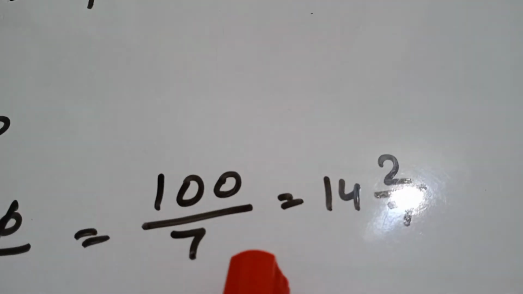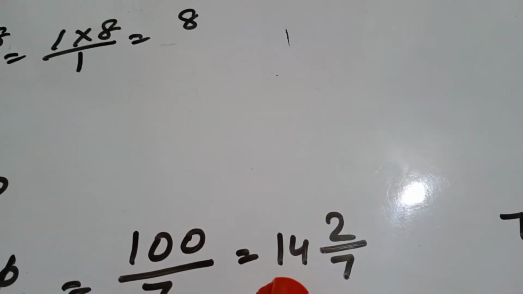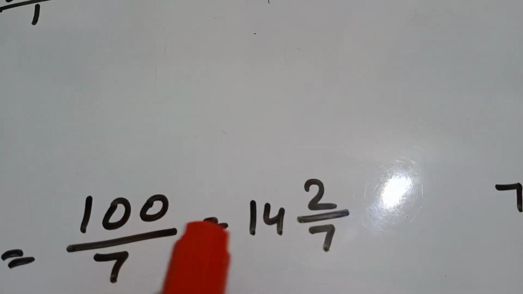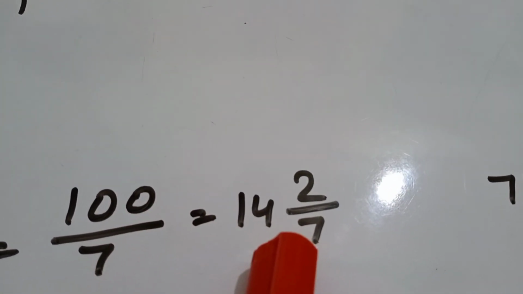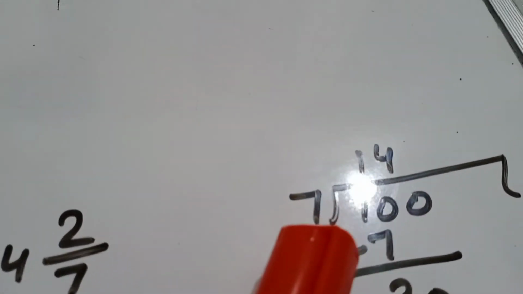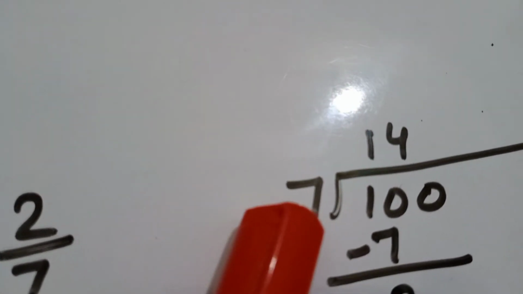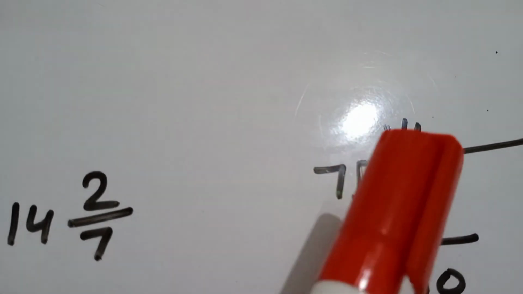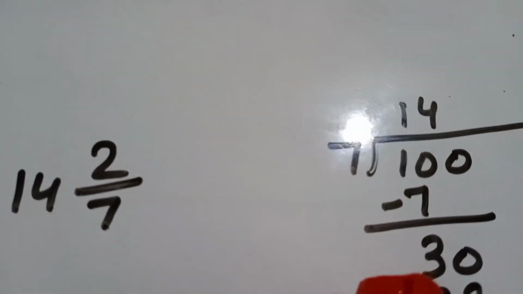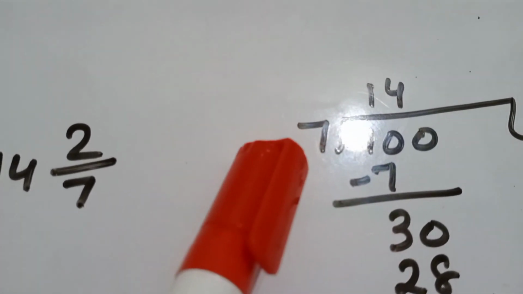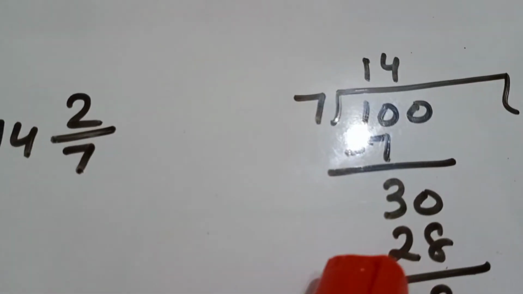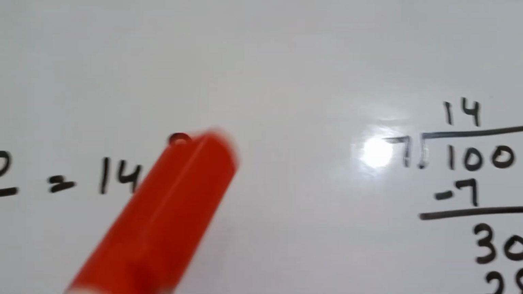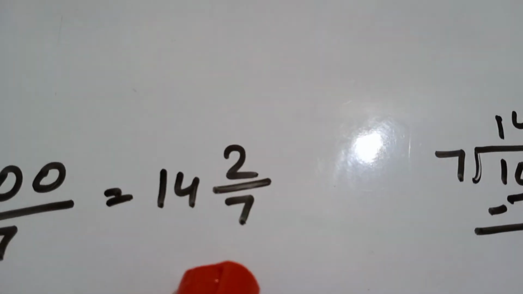It is an improper fraction, so we will change it into a mixed fraction. How to do it? This 100 will be divided by 7. 7 times 1, then 3 will be here and we take 0, so 30. So 7 times 4 is 28. So here we got 2 as remainder, 14 as quotient and 7 as denominator.